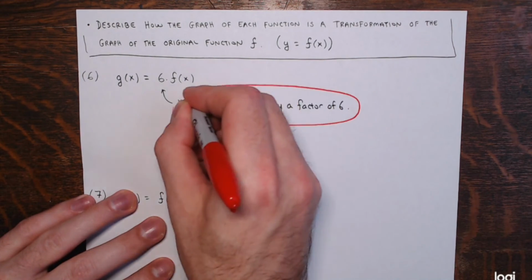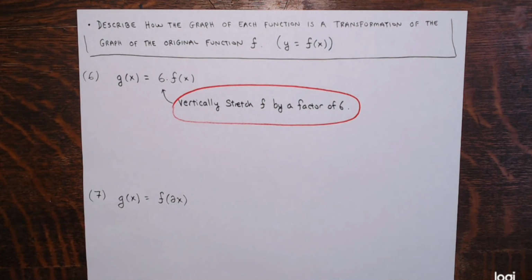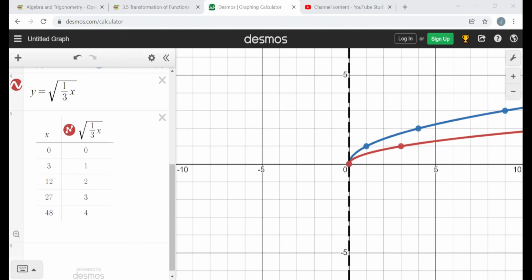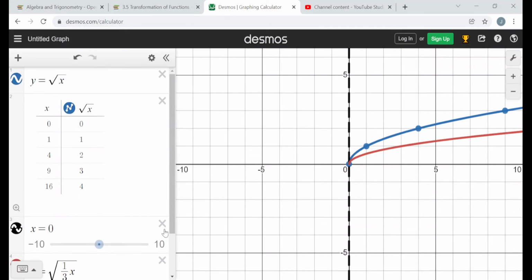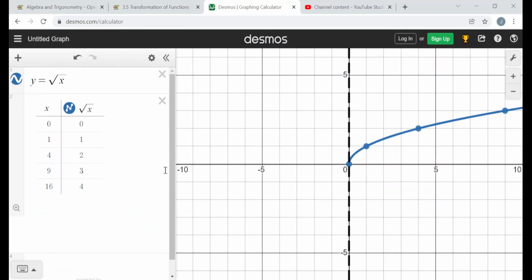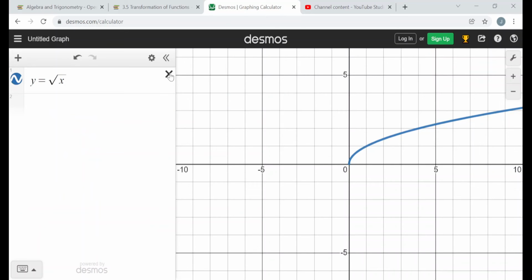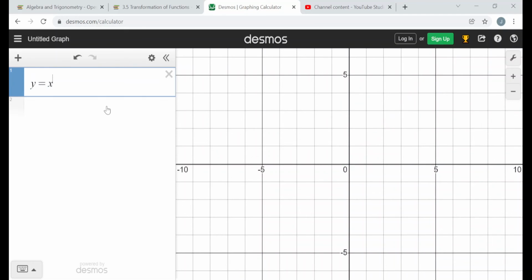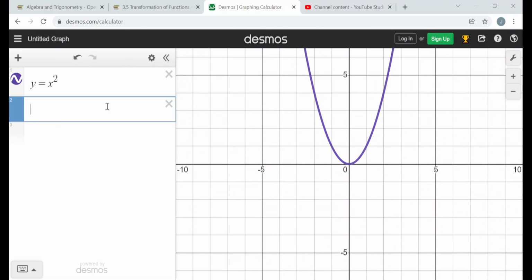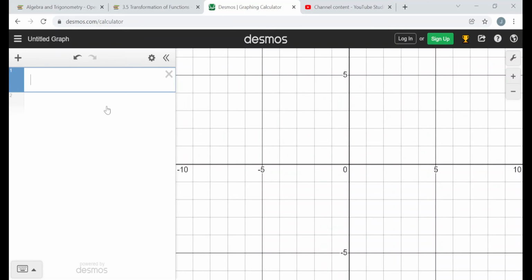All right, and I could go back to Desmos and show you any function and see that this happens. So if I go back here, let's clear this stuff that we have right now. And I'll take another one of those toolkit functions. How about the square function, f of x equals x squared.